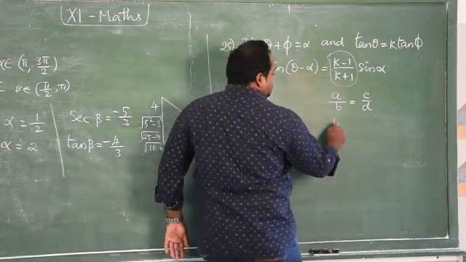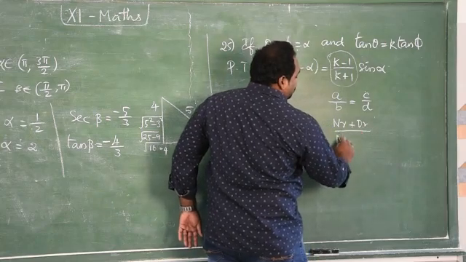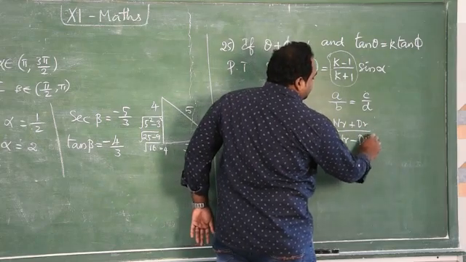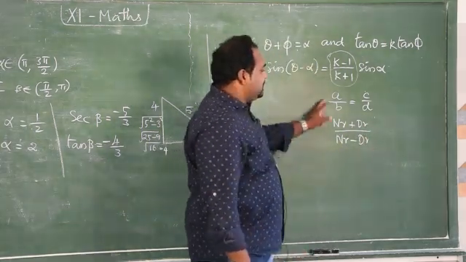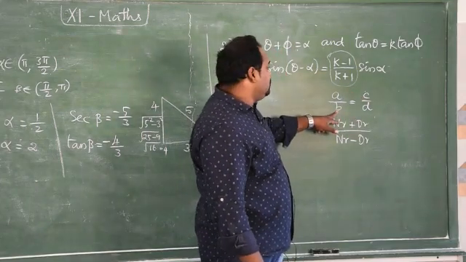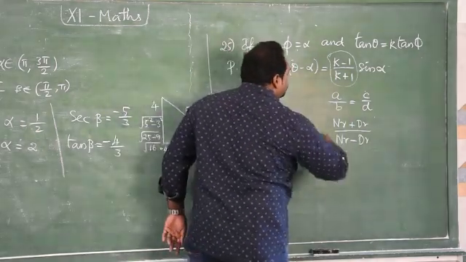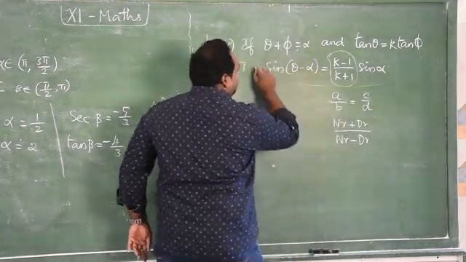That property says numerator plus denominator by numerator minus denominator. So using this property I am going to get this proof.